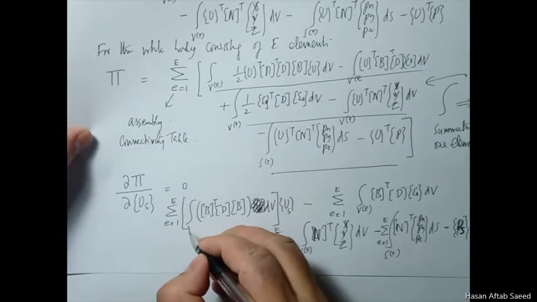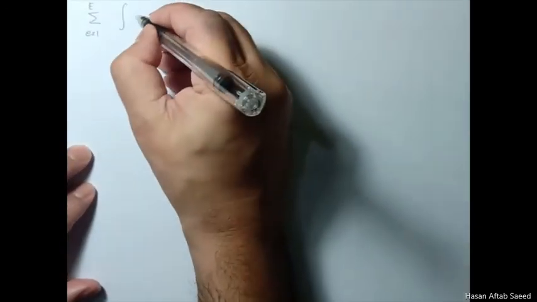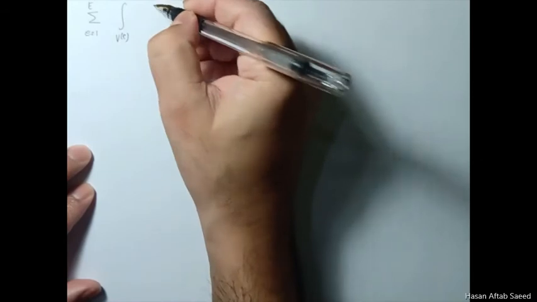Same expression, I'll just rearrange the values. Here I missed it. This is volume. You have to be very careful which integration is volumetric integration and which is the surface integration.